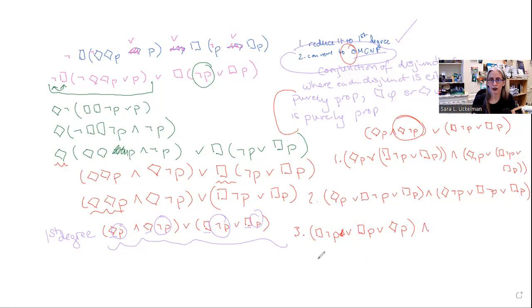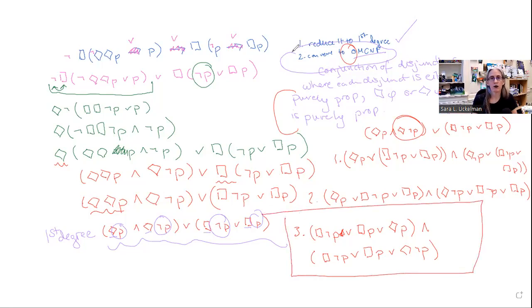And then the other conjunct is going to be, again, necessarily not P, or necessarily P, or possibly not P. So we put the necessity formulas first, and then the possibility formula at the end. As it turns out, this doesn't have anything that is purely propositional, but that's okay. It's just that whatever the disjunctions are, it has to be one of these three kinds. It isn't the case that we have to have one of every kind in order for it to be modal conjunctive normal form.